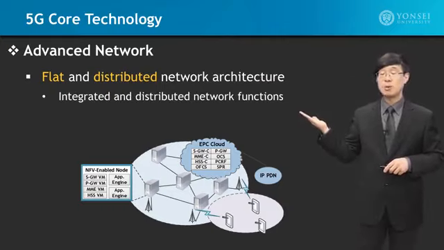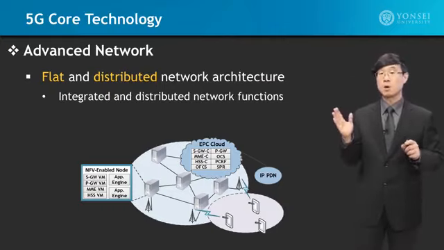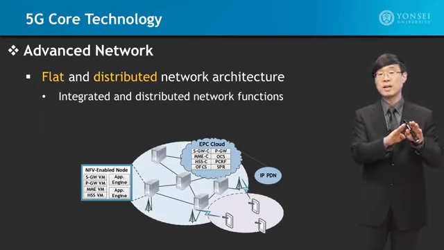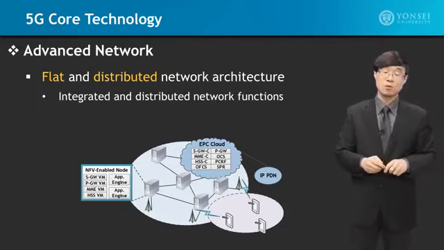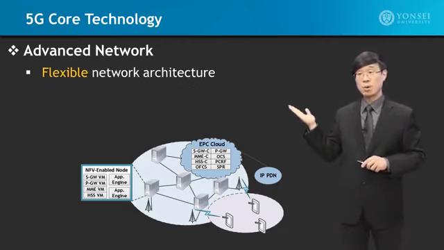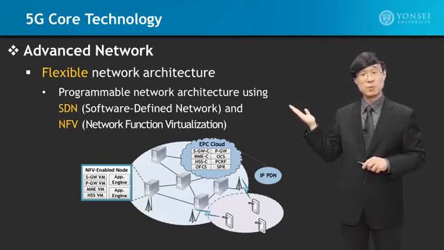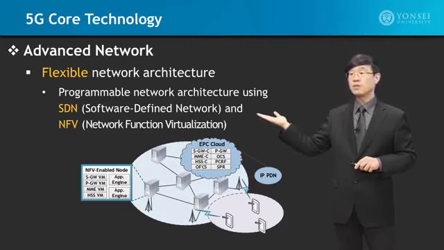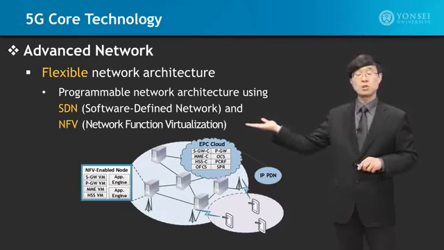Integrated and distributed network functionalities. So, based on some devices, their functionalities are integrated in there with virtual functions. And we'll talk more about this as we go into flexible network architectures, in which programmable network functions are based on SDN, software-defined network technology, and NFV, network function virtualization.